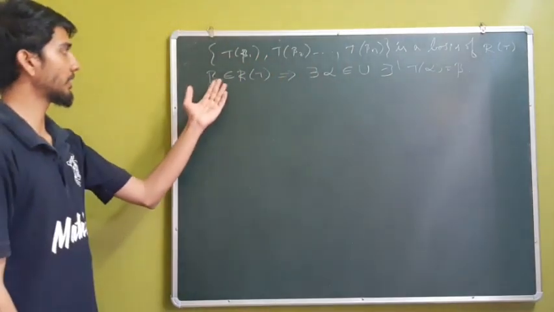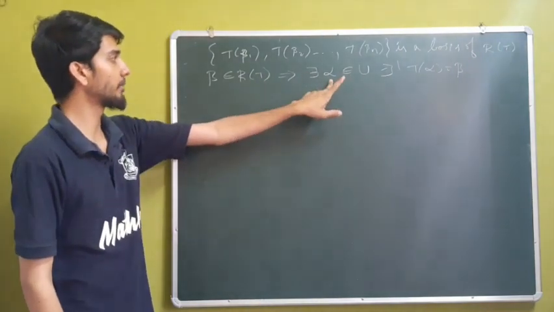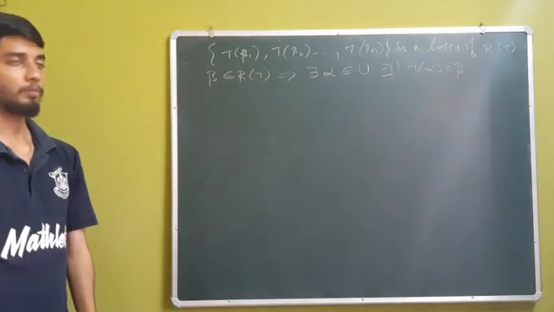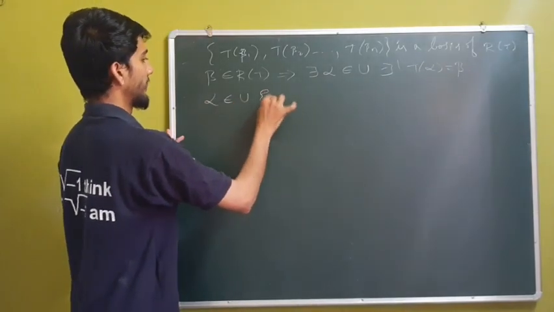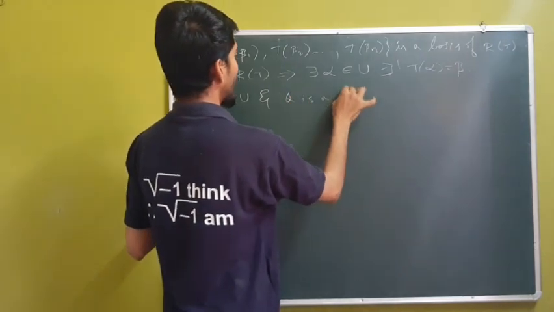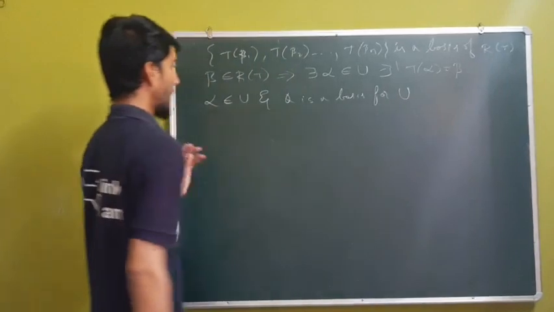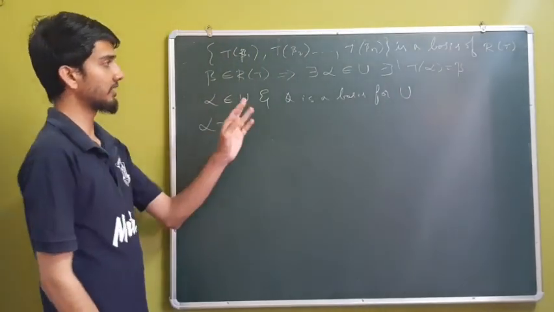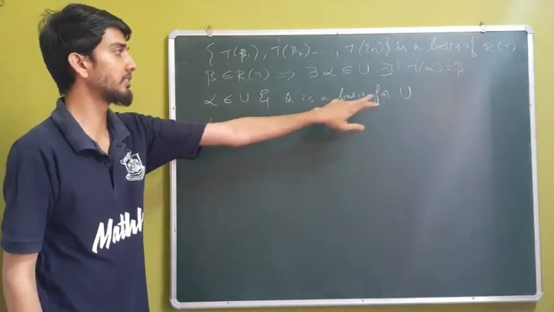I took an element beta in R(T), and that implies there must exist an element alpha in the domain such that T(alpha) equals beta. And since alpha is in U and Q is a basis for U, I can express alpha as a linear combination of some elements in the basis of U.